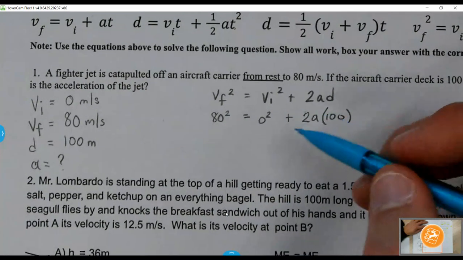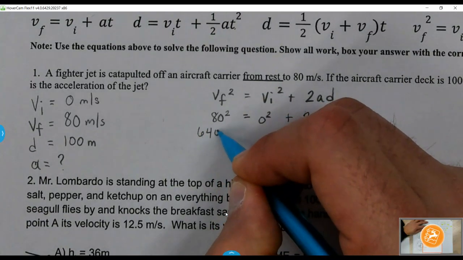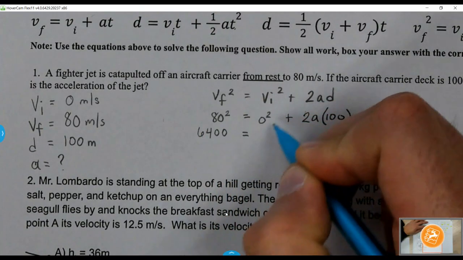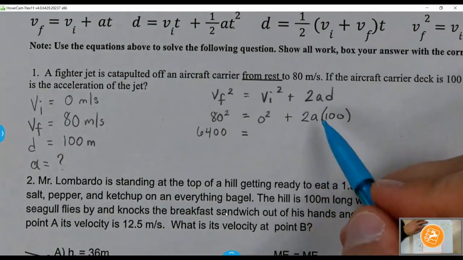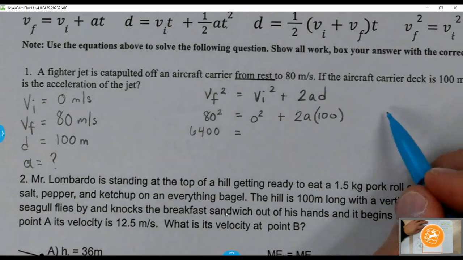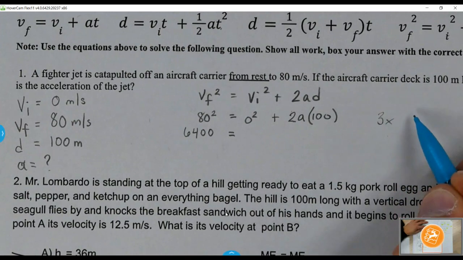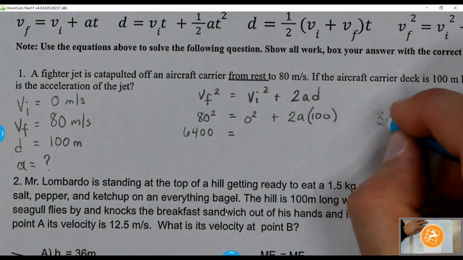Now we're going to start to simplify. 80 squared is 6,400. 0 squared is 0, so that just doesn't happen. Now, this one, 2A, is essentially like saying we have 3x. 3x times 100 would basically be the same thing as saying 300.